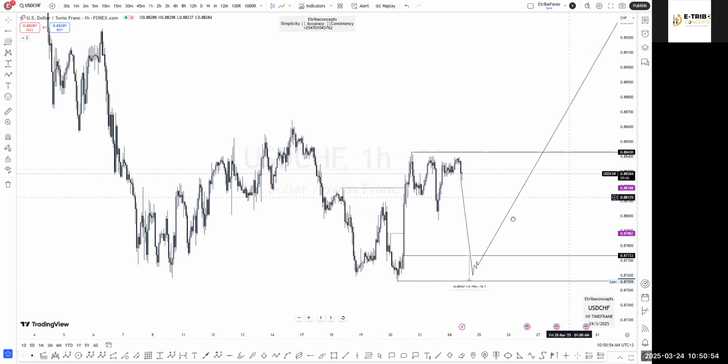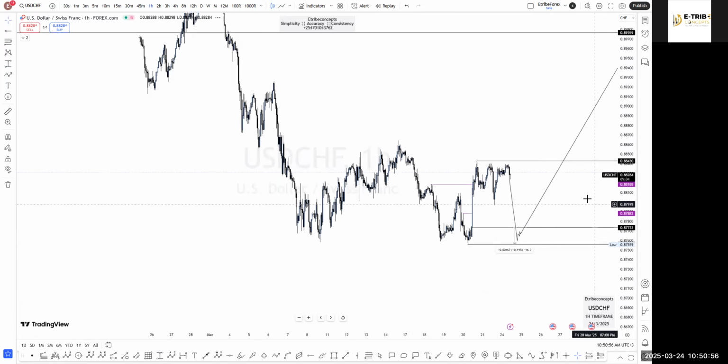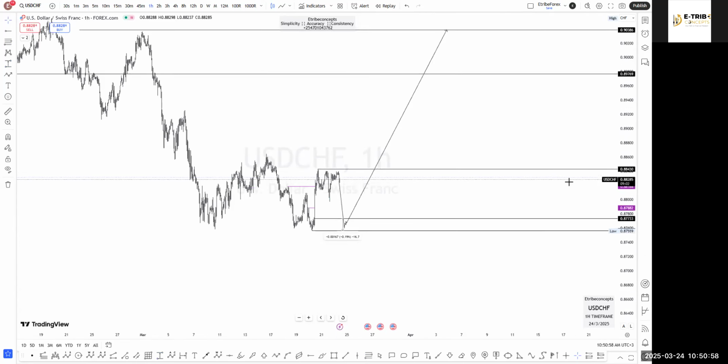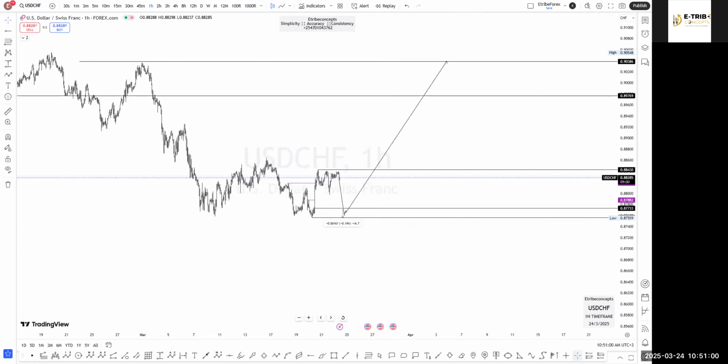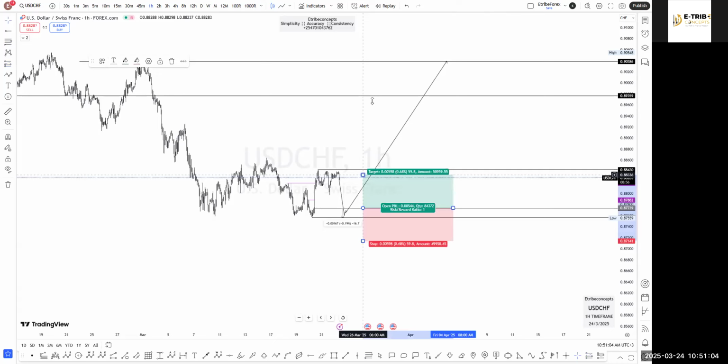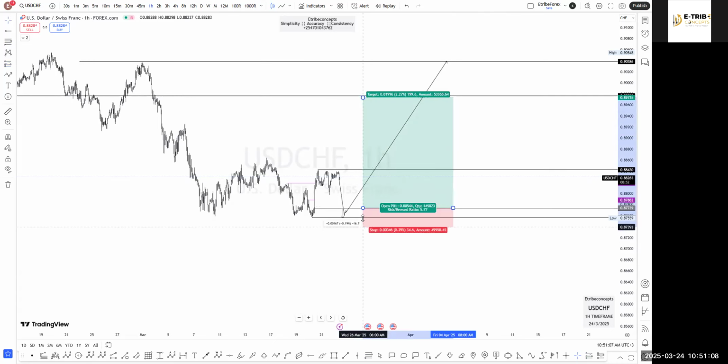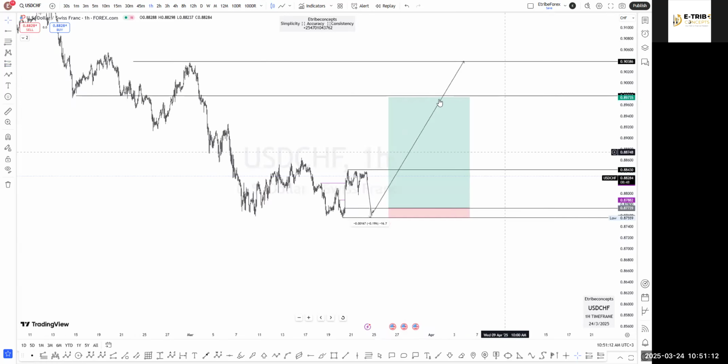Then once we have our entry there, this is just a facilitation for the pullback for the dollar based on how the market unfolds. And then you can have something like this. That is a nice RR of 1 to 10, which is not bad.